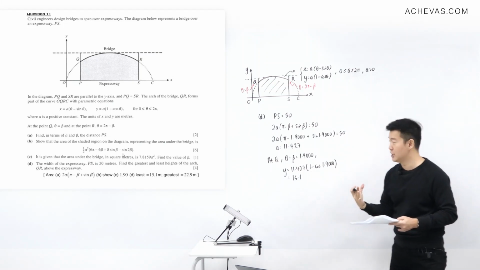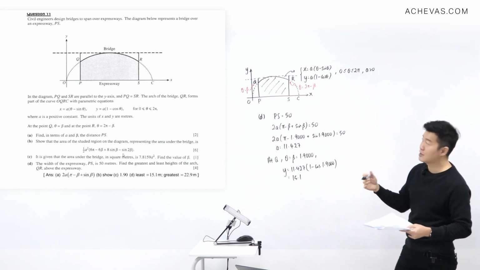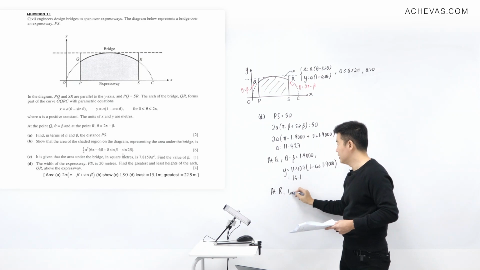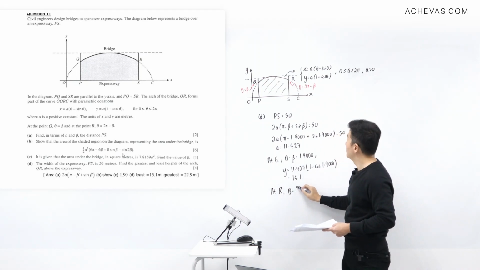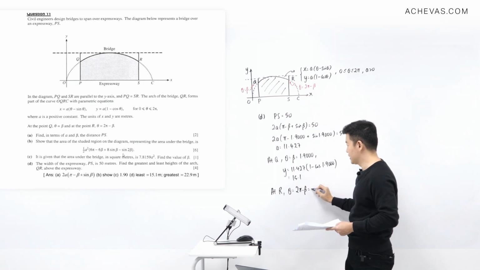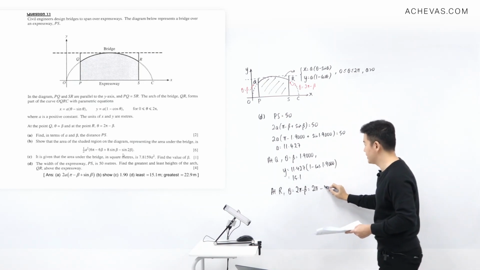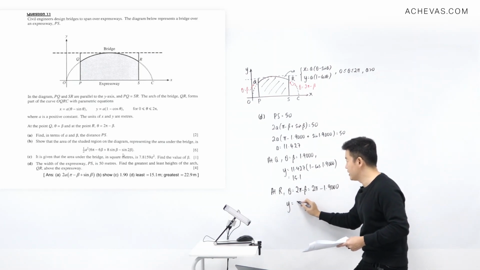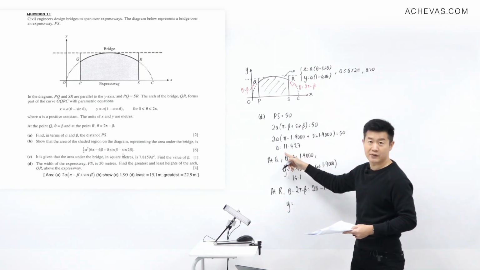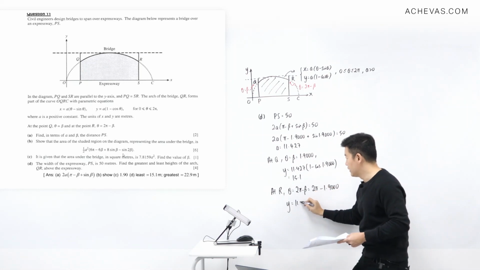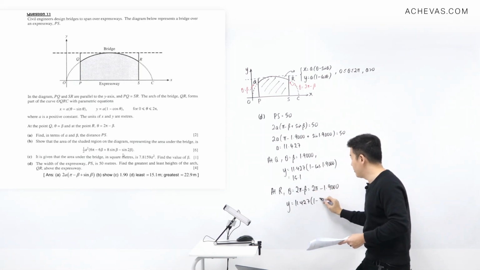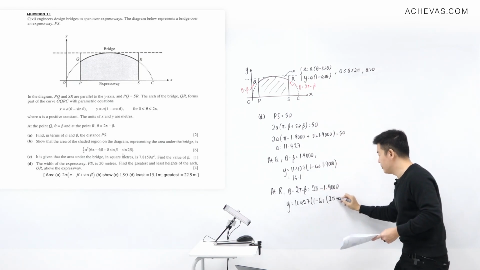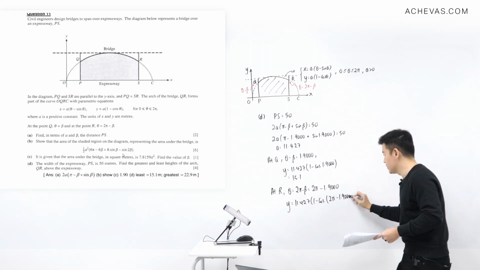Let's check whether it is higher or lower than the y coordinate at point R. At point R, theta is equal to 2 pi minus beta, as given by the question. So 2 pi minus 1.9000. The y coordinate will be a, which is 11.427, times 1 minus cosine of 2 pi minus 1.9000.